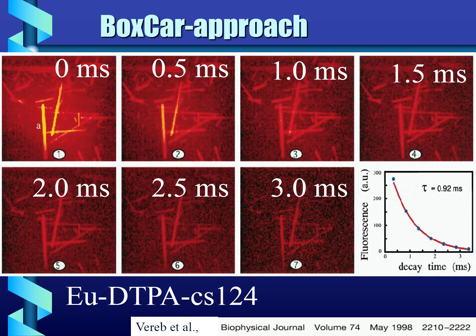Here you see an example of a phosphorescent dye, europium DDPA, a particular compound, and you see some crystals here. While we change the delay time of this box, the detected signal goes down, and when you plot this, you can very nicely see the single exponential decay of this fluorescence, or rather phosphorescent, component.